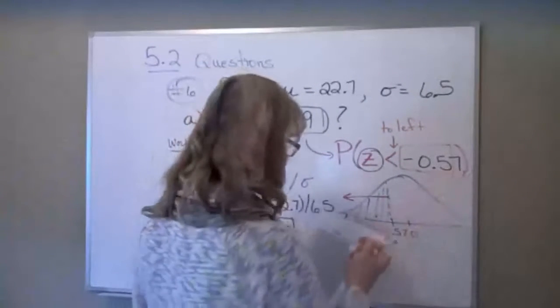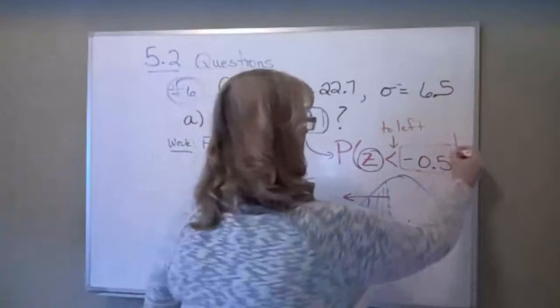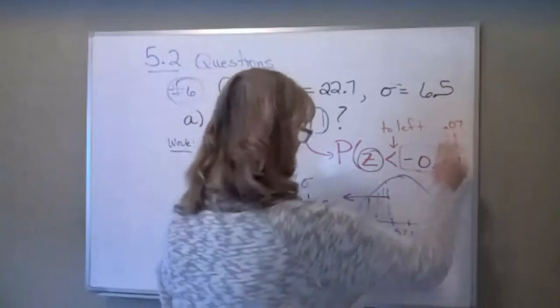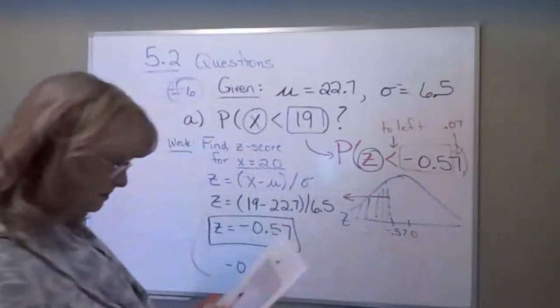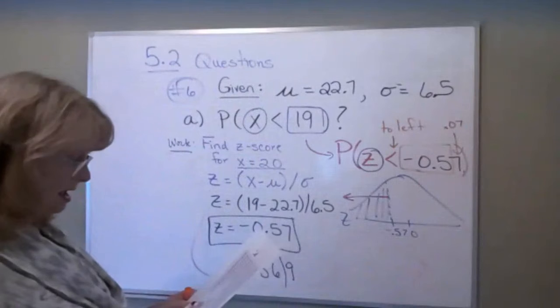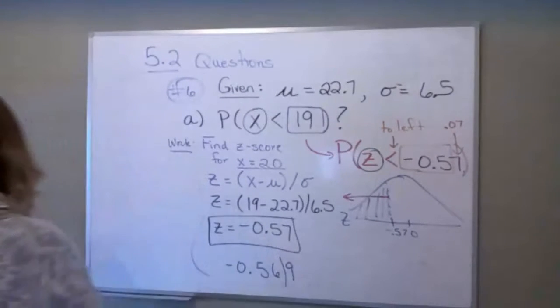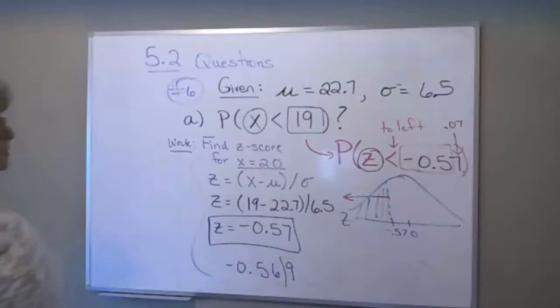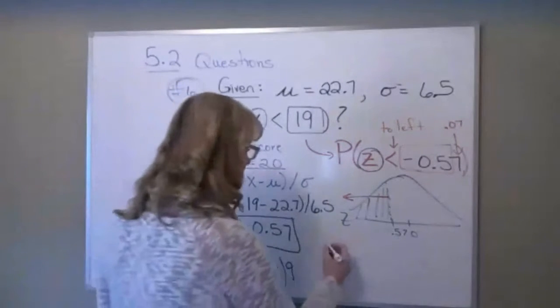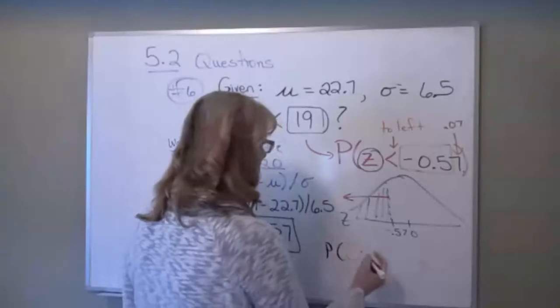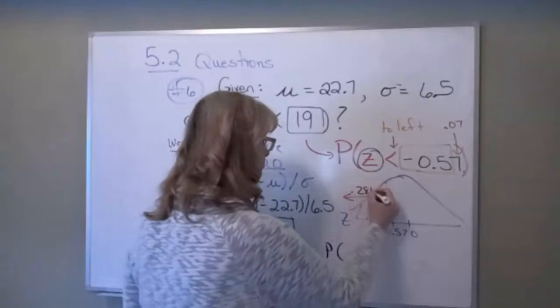And then we need to look in the column that says 0.07. And I'm seeing 0.2843. Oh, okay. So that means the probability is 0.2843.